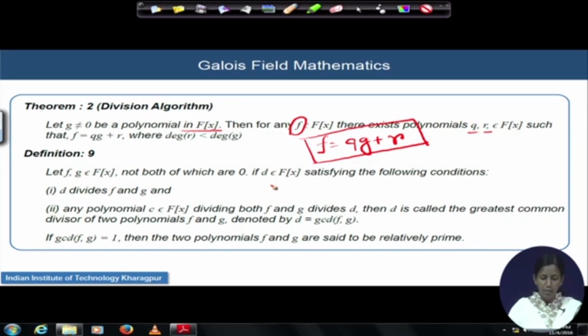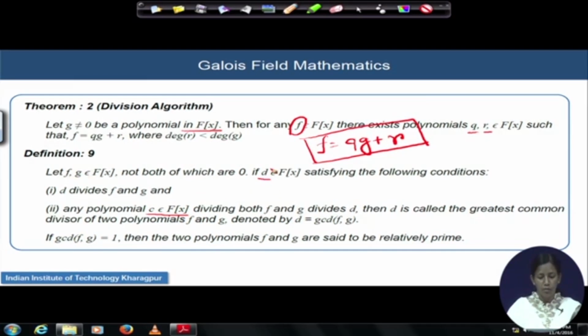Suppose there exists another polynomial d, also belonging to F[x], such that d divides both f and g, and also there exists a fourth polynomial c in the same field that divides both f and g as well as divides d.